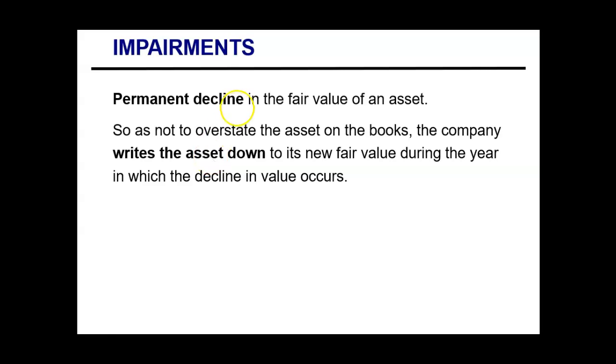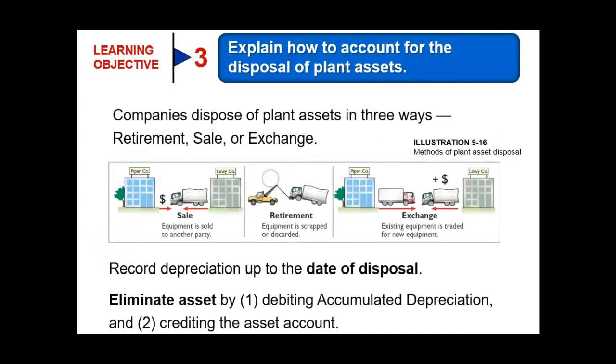That's because the asset is overstated in the accounting ledger. So you want to write down the asset to show the lower of its book value or the asset's current fair value. I don't necessarily have a journal entry for this, but just understand what impairment means and understand from a conceptual standpoint how we handle an asset once it has become impaired.